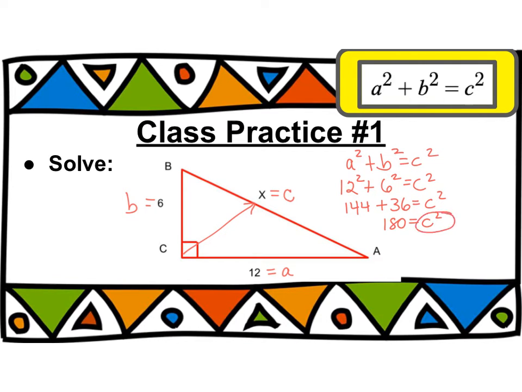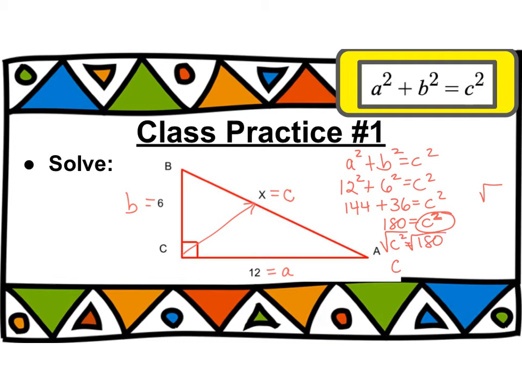So we have to figure out a way to undo something that's squared. And when you want to undo something that's squared, you're going to take the square root. In algebra, we have to do it to both sides. So I'm just going to rewrite this. I'm going to switch the order around. Same thing there. So c squared equals 180. When I take the square root of c squared, I'm going to get c.